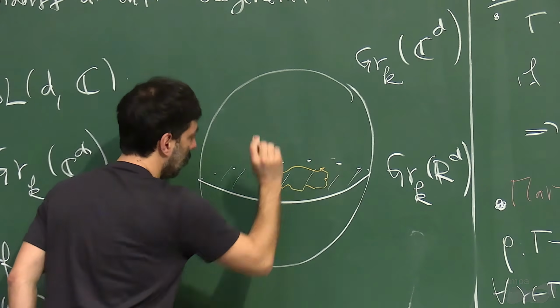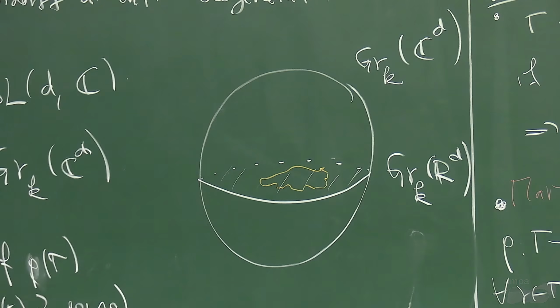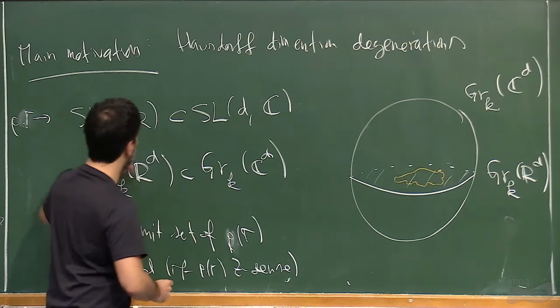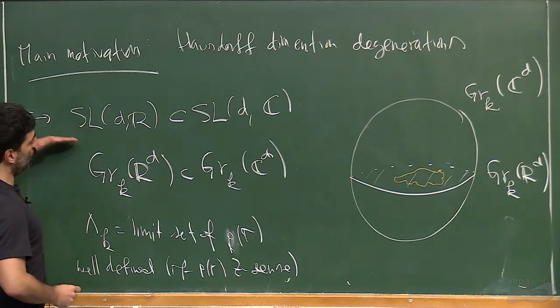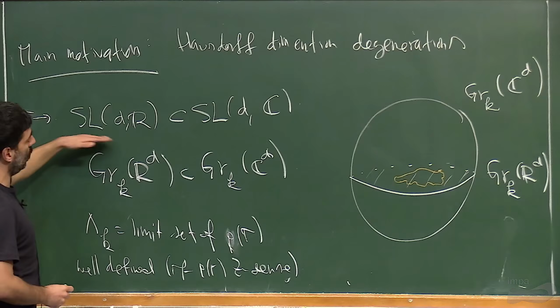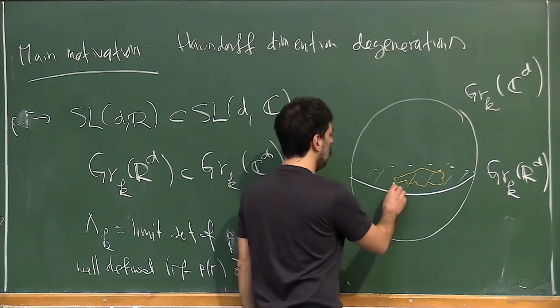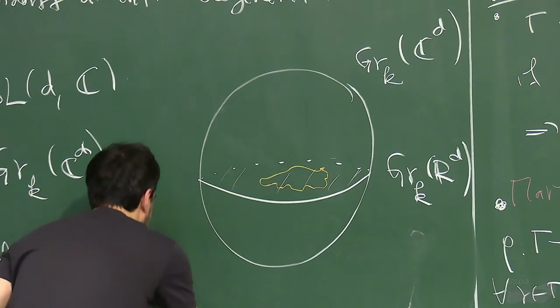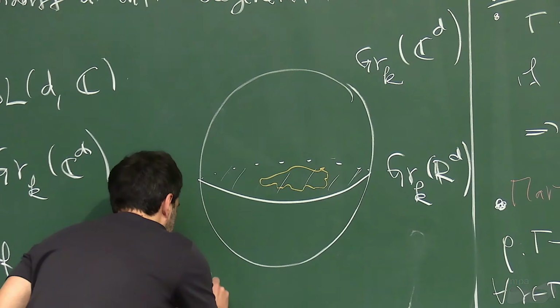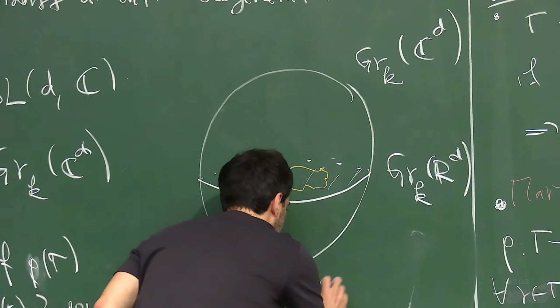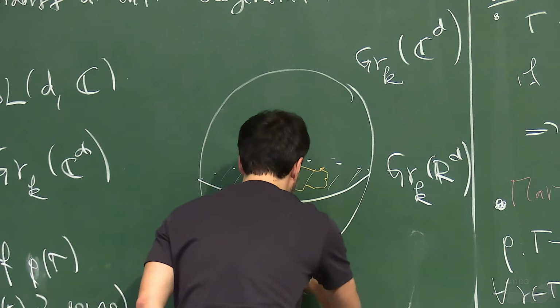Maybe fractal a priori. I'm not making any particular assumption, so it could be kind of anything. But the idea that what I want to explore is what happens with this limit set when I deform my representation to the complex group. Right? So essentially, the idea is you deform rho to have values to be Zariski dense, maybe.